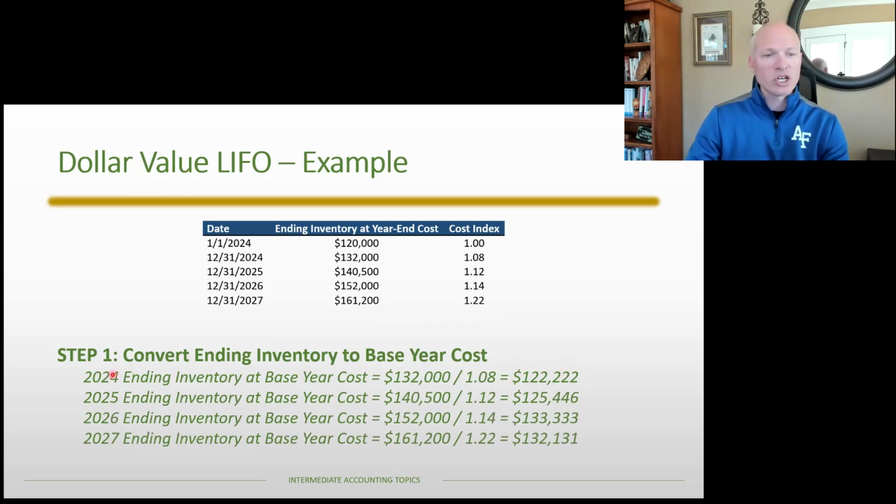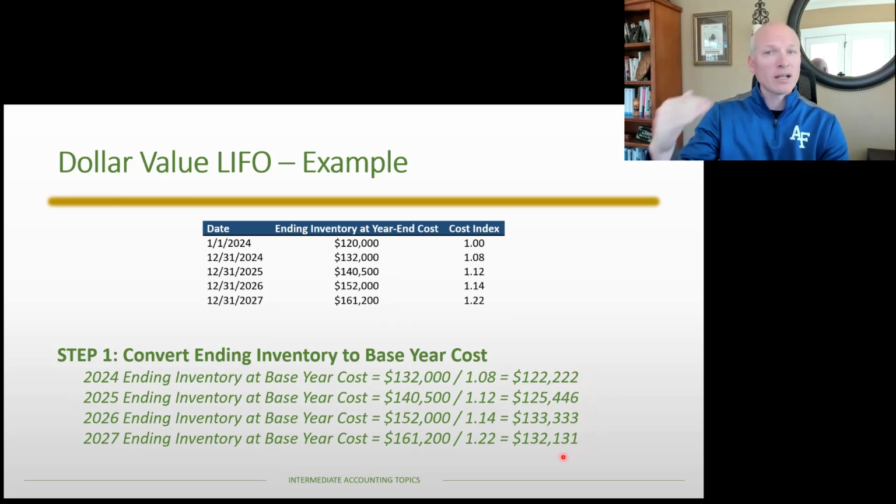Every single one of these years, we take the year-end cost and divide it by the cost index, and that gives us the value of our inventory at base year costs. So now everything is in terms of base year costs, which means they are directly comparable to each other in terms of volume. That was the whole goal.